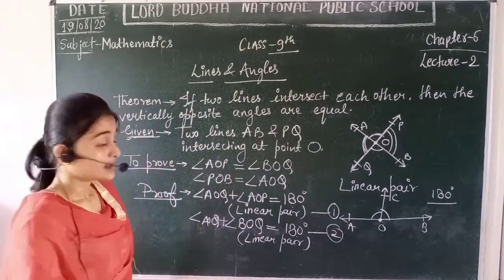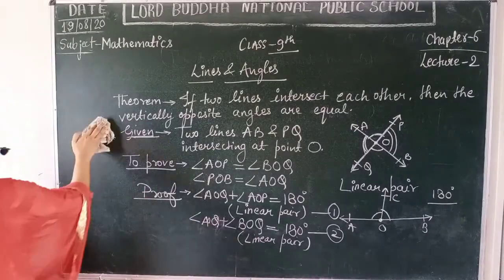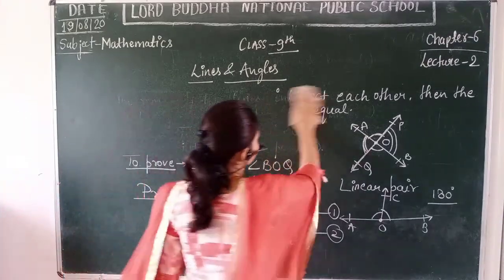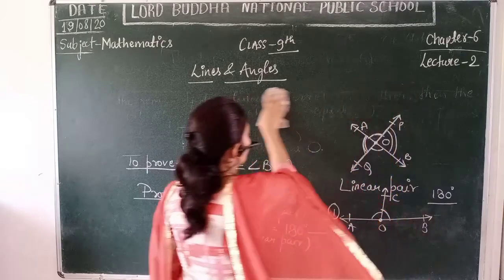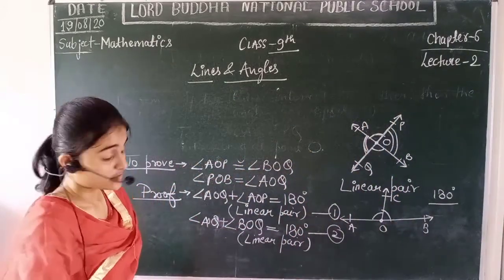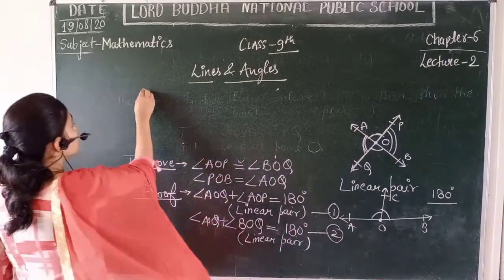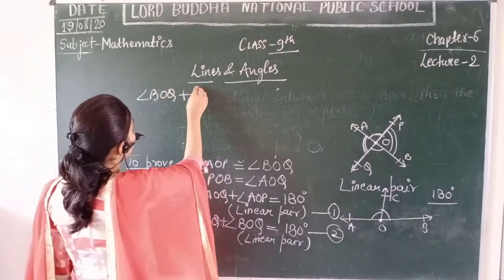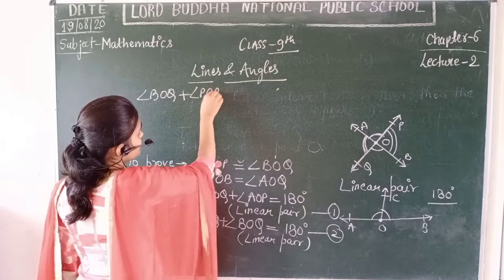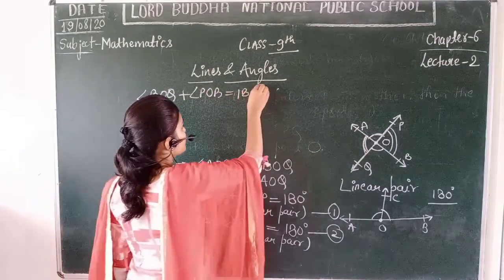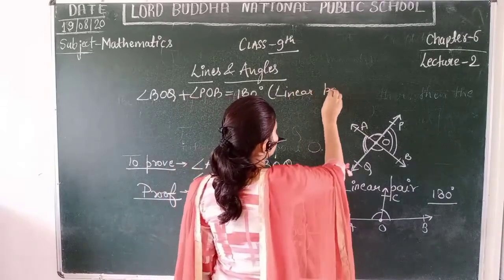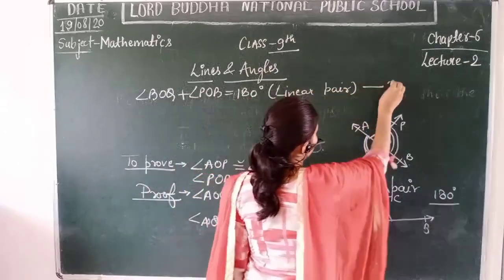So you will write that it is also a linear pair. From there we get our third equation, that is angle BOQ plus angle POB equals 180 degrees. Again, linear pair. This is your third equation.